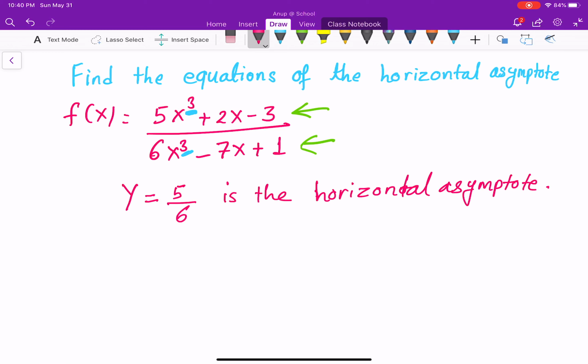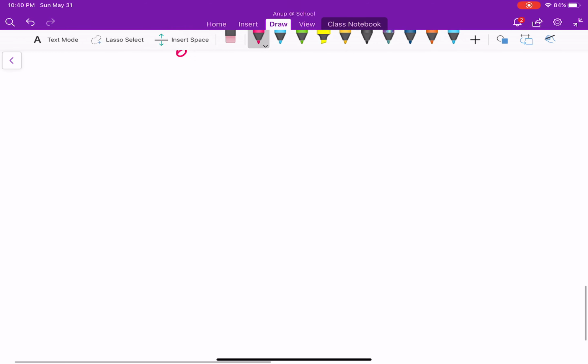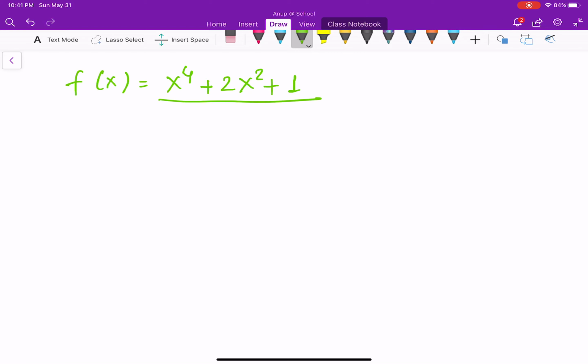All right, now let's take another example where we have a function f of x equal to x to the power 4 plus 2x squared plus 1 divided by 1 minus x to the power 5. We do the same thing: check the degree of the numerator polynomial and the degree of the denominator polynomial.